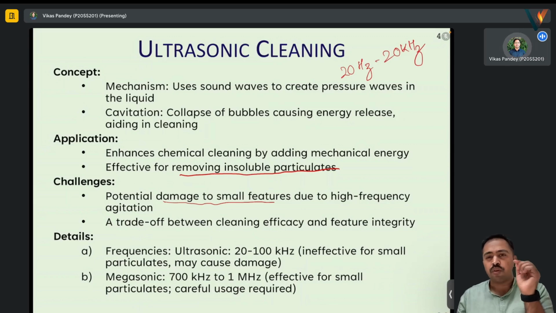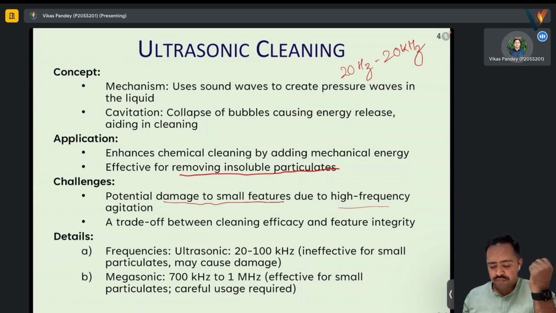If we have very small structures that we have already made, they may be damaged due to the high frequencies, as it puts energy over them, they can vibrate and break, or be removed. So there is a trade-off between cleaning efficacy and feature integrity.